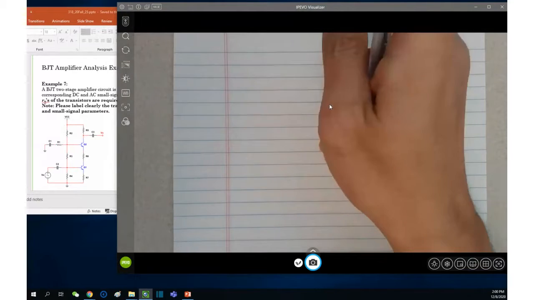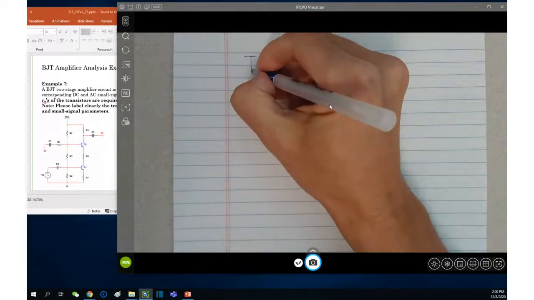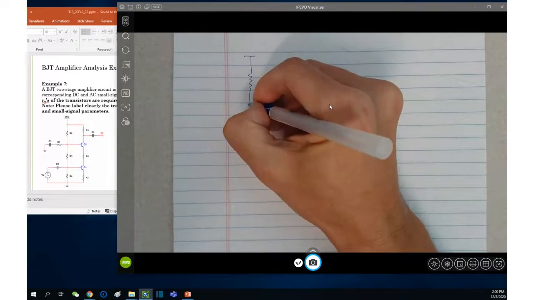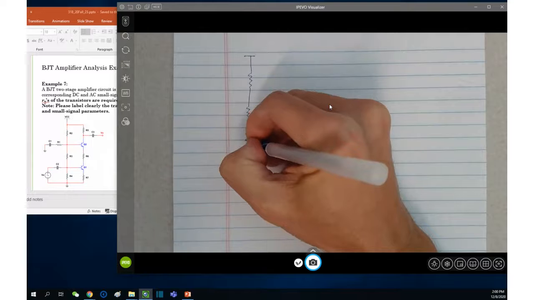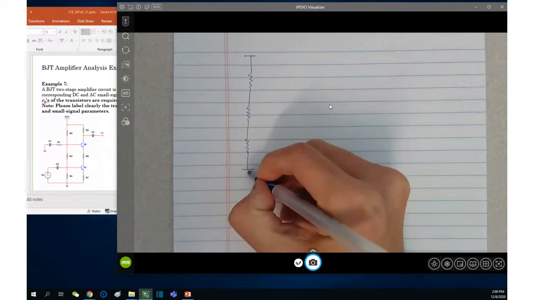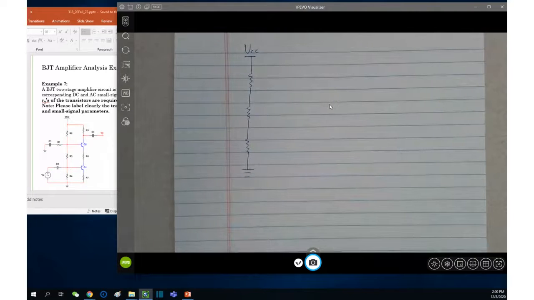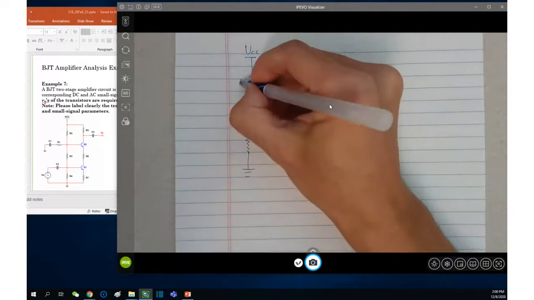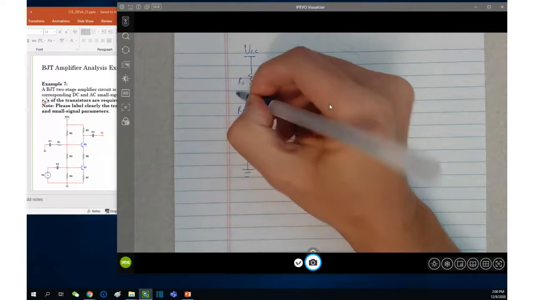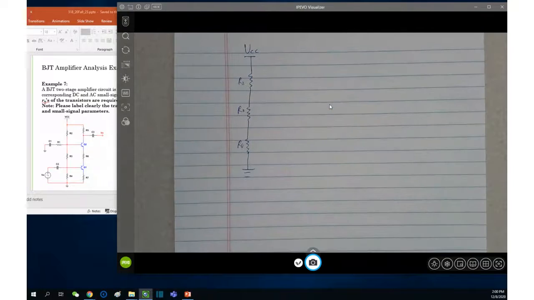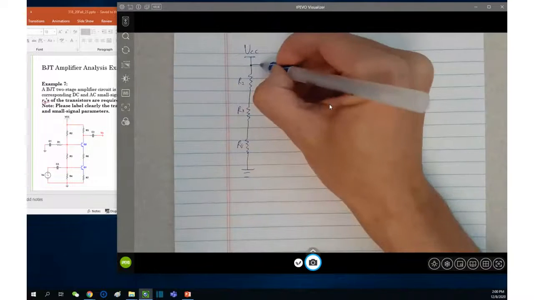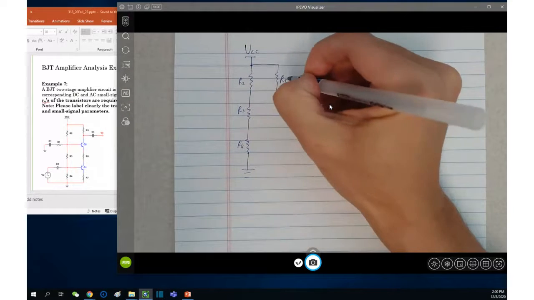All right, let's see the solution. The DC circuit is fairly easy, right? I'm beginning with VCC all the way down to ground, and along this path we have R2, R3, and R4. And then we have R5 here.